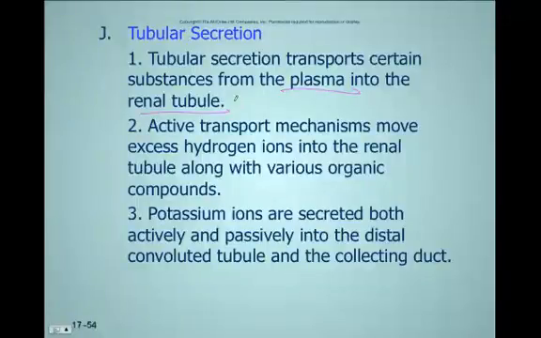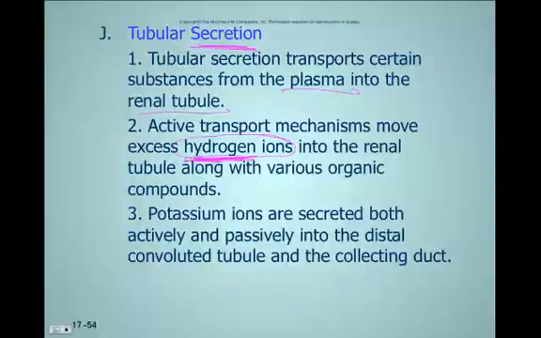to be excreted. Active transport mechanisms will move something like hydrogen ions, excess hydrogen ions, into the renal tubules. So hydrogen ions are one of the big things that we're going to see secreted into these later tubules. They are moved out of the blood and into the filtrate so they can be excreted.